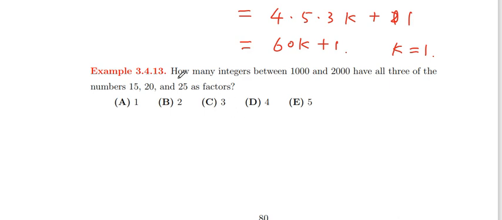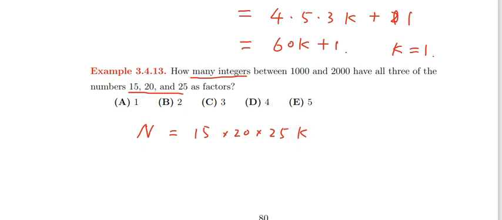So here we want to find how many integers between 1000 and 2000 have all 3 of those numbers as a factor. Okay, so the key point is those numbers. So we say it equals 15 times 20 times 25 k, right?